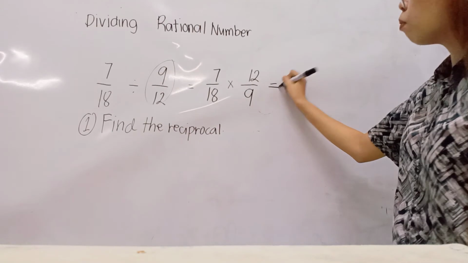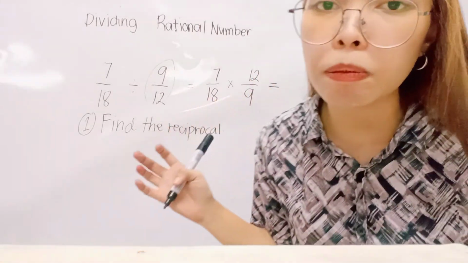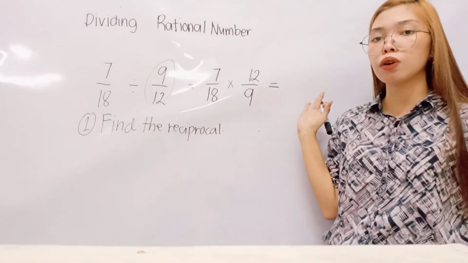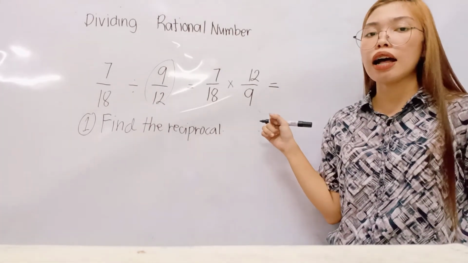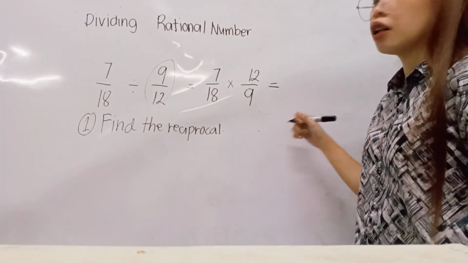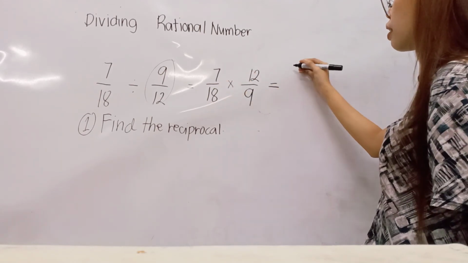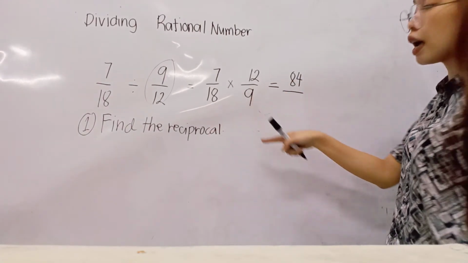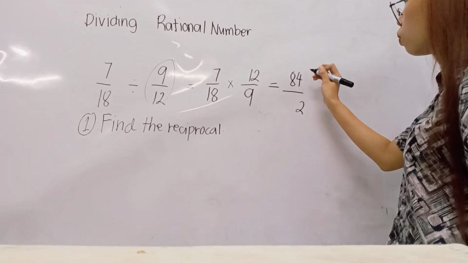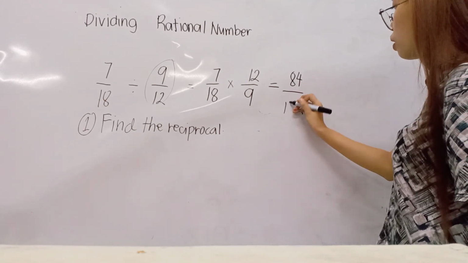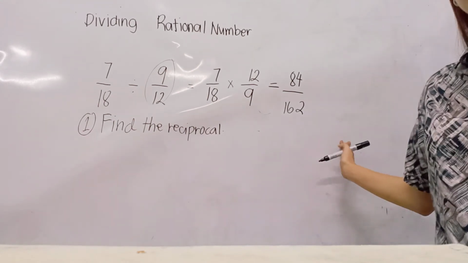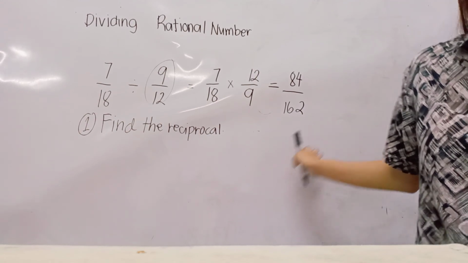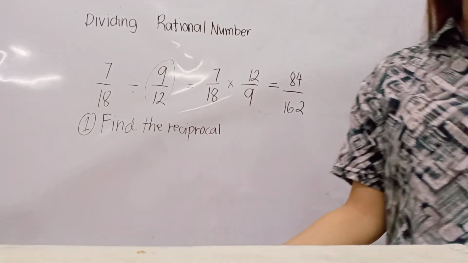In multiplying fractions, we are just going to multiply directly the numerator to numerator and denominator to denominator. So, 7 times 12, that is 84, over 18 times 9, that is 162. Okay? From this, we are going to get the GCF of the two numbers, and then reduce it into lowest term.